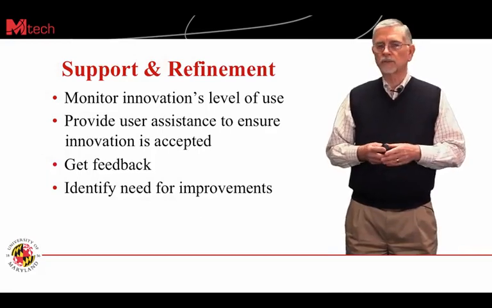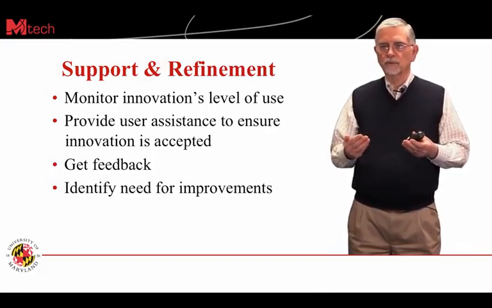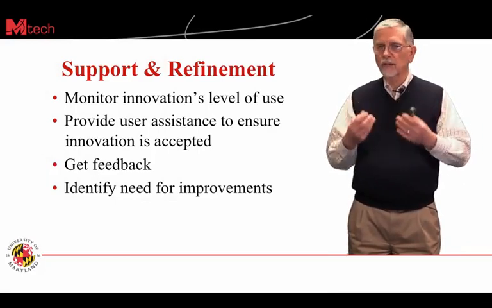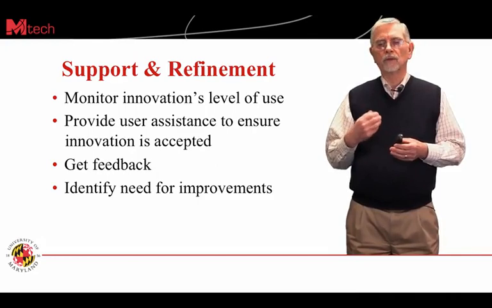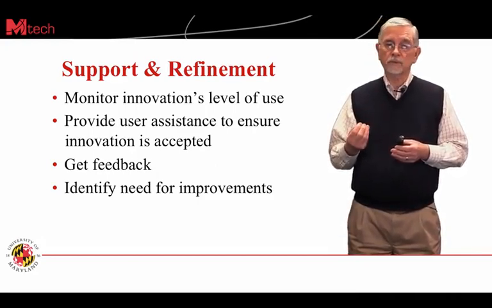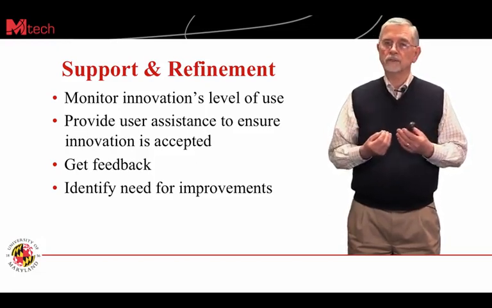From that stage, once you are looking at innovation, adoption, and diffusion, you think about, all right, your product or your service is out in the marketplace. Now, what are you going to do? You're going to monitor its level of use, monitor how quickly it's being used and how quickly it's being adopted, and you want to provide assistance to ensure that the innovation is accepted.